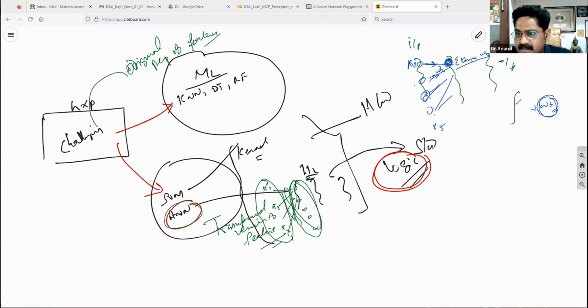What is the sigmoidal activation function going to do? It is going to push the sum of products of this linear combination of values to a value between 0 and 1: 1 divided by 1 plus e to the power minus of the sum of wi xi plus w bias. So w1x1, w2x2, and so on, plus bias.